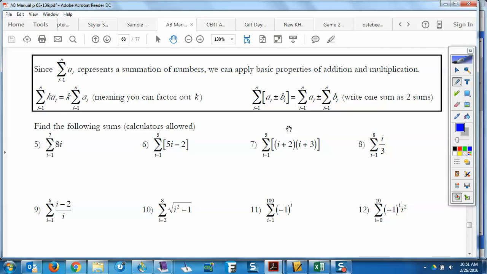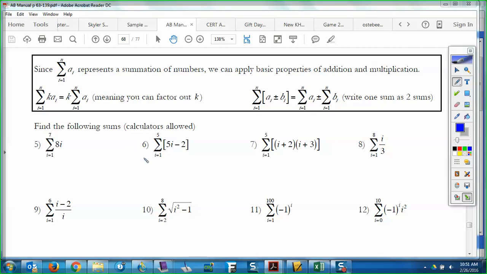And I want to do a couple of these here anyway. So, let's see here. Yeah, let's do these two right here. Let's do 6 and 7 right here.